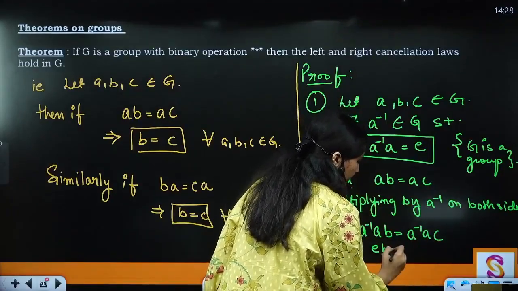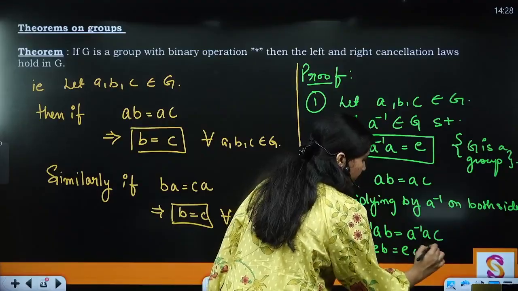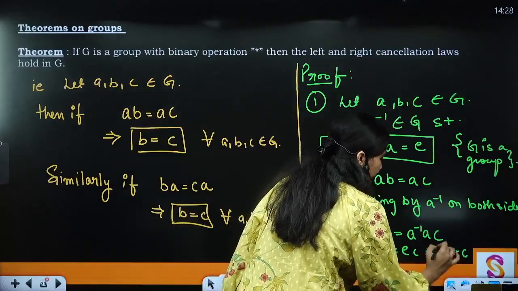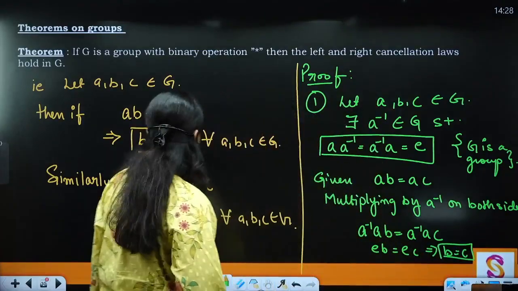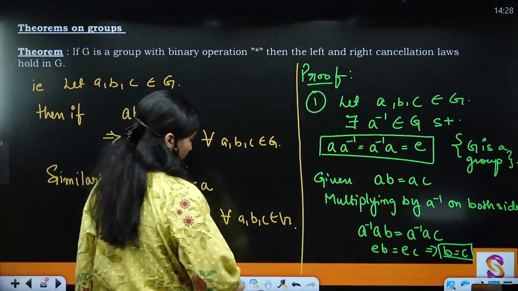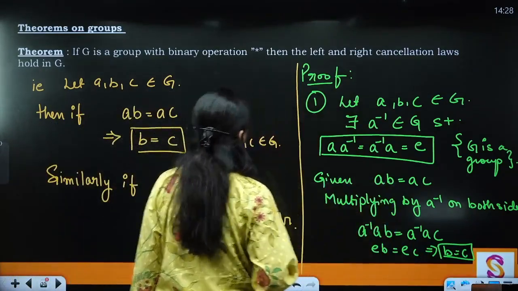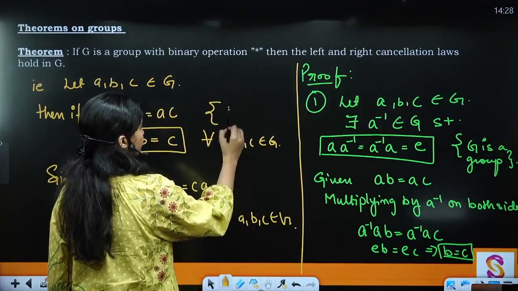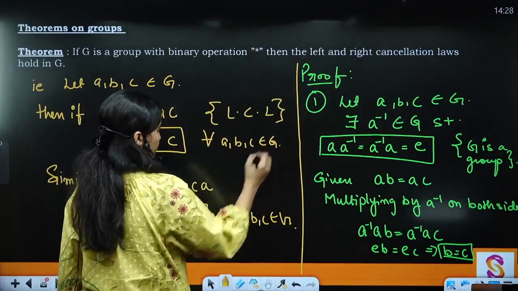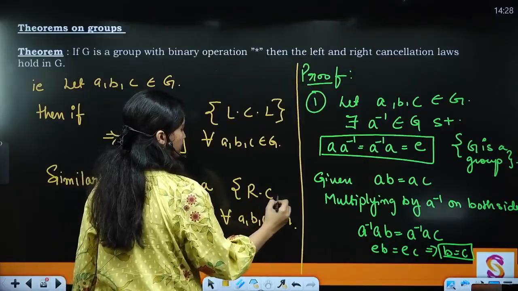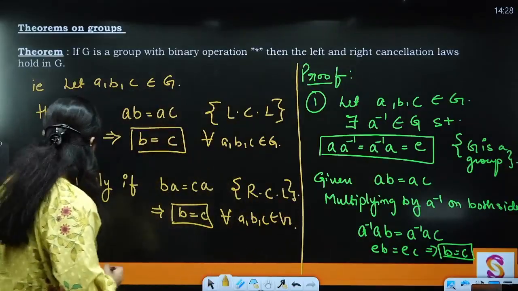This will be eb equals ec, which is nothing but b equals c, right? So this is nothing but your left cancellation law. Right? Now let's do this for the other side.